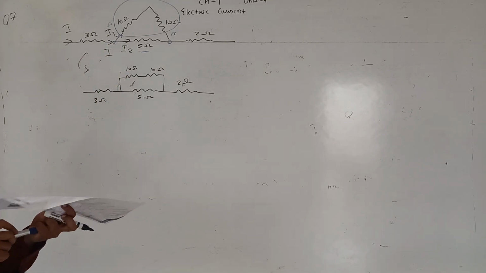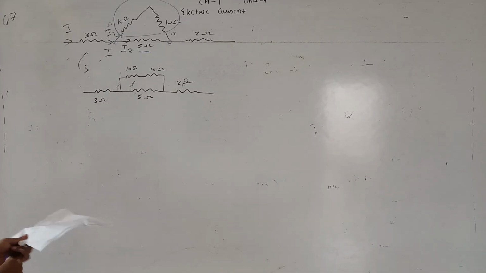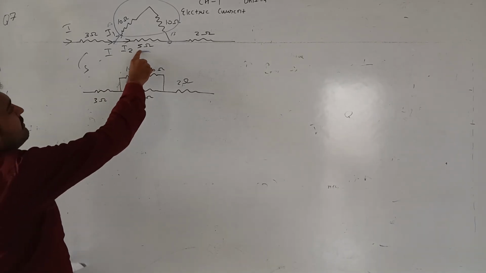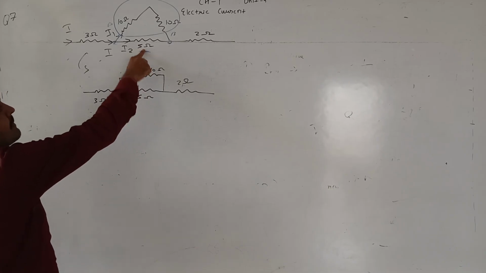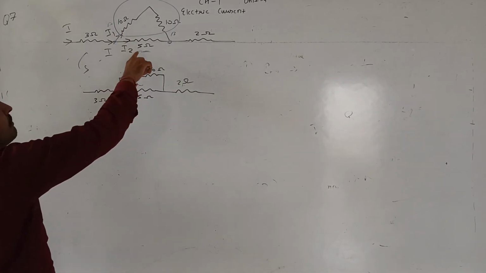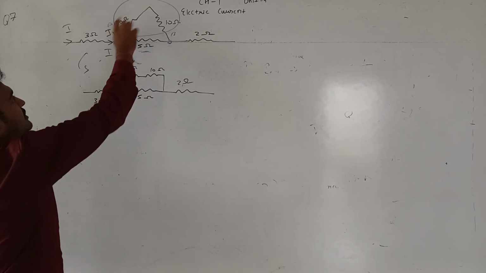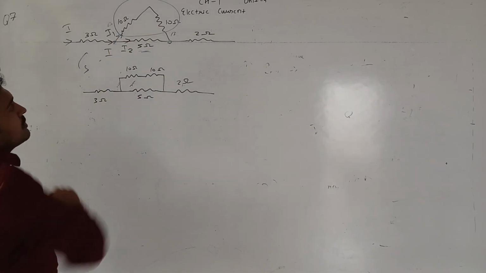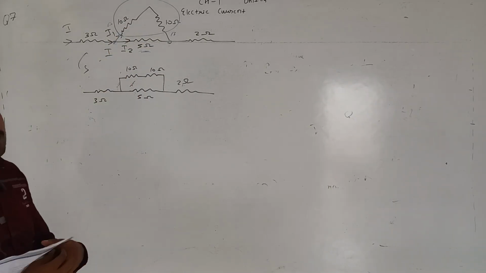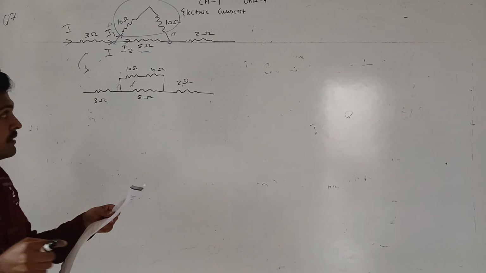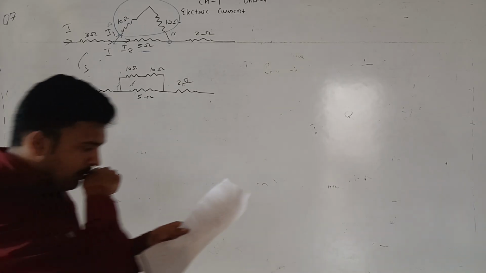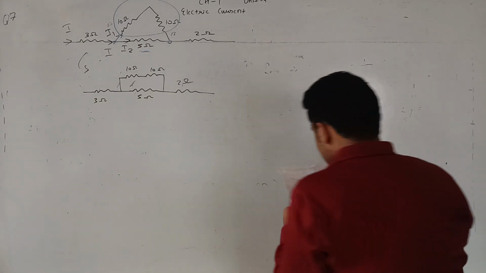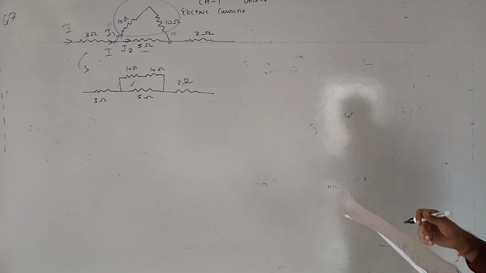Therefore, there will be the same potential drop across these two, the same potential drop across the 5 ohm resistance and across the combination of 10 ohm resistances. So the potential drop across AB will be the same. Therefore, these are in parallel.